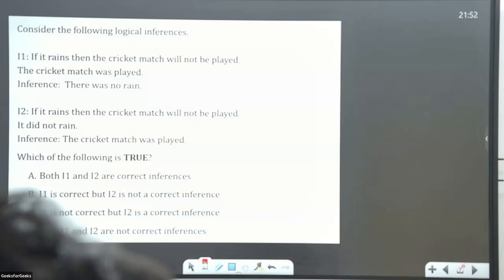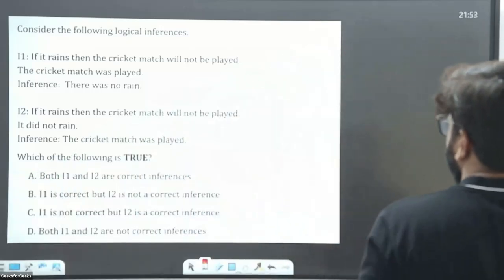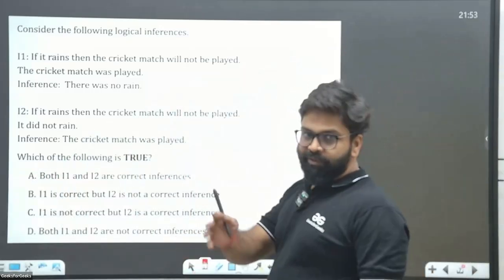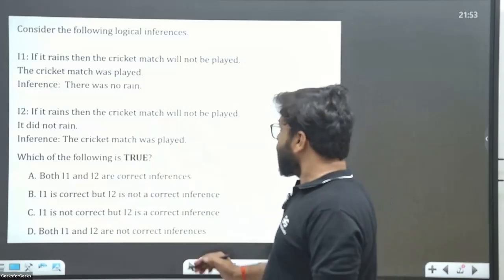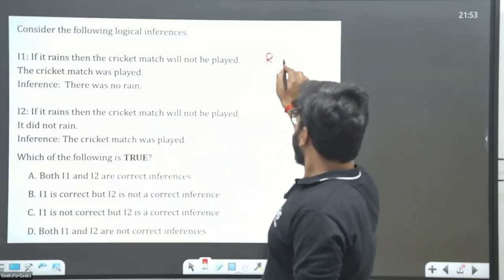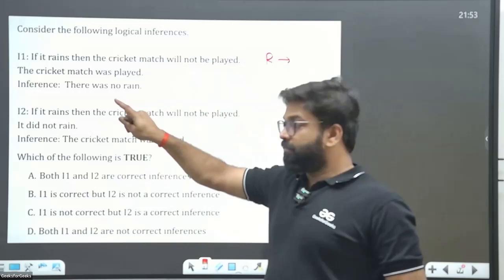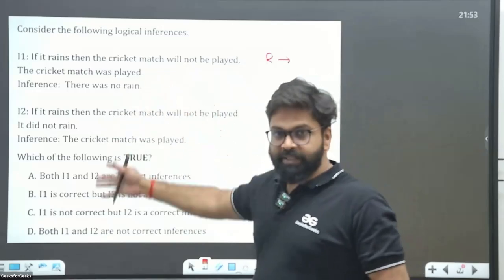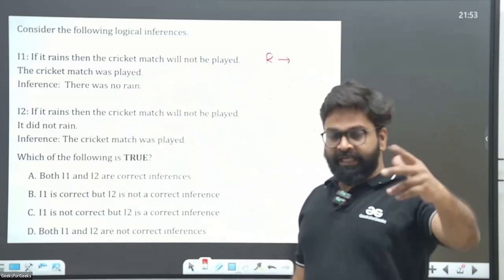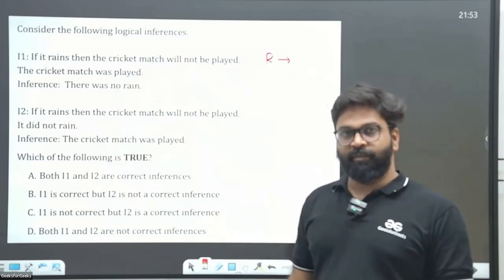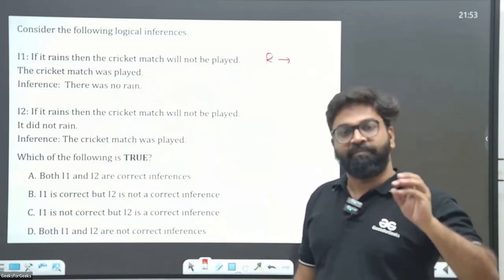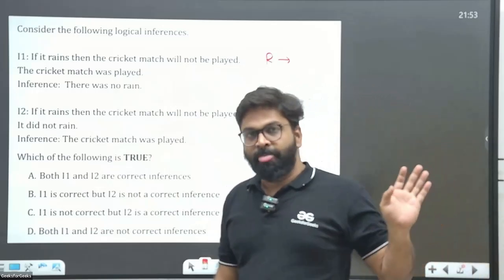See, if you look at this question, first question, if it rains, try to convert it into a logical expression. Do not use your brain while understanding this. For example, if you read this statement and try to evaluate by yourself, trust me, you will forget everything.